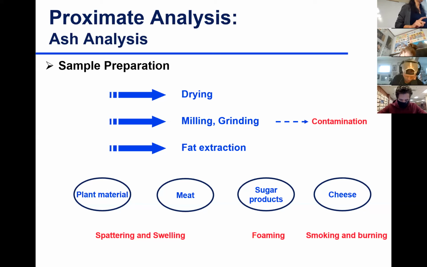And then you back calculate. If you want to determine how much ash you had in your original sample, you need to know how much moisture there was, how much fat you took out, so that you can account for that in your calculation. We'll have some example calculations later on. Okay.